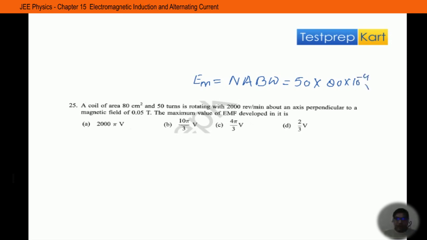Magnetic field is 0.05, and we have to calculate revolutions per second, so omega is 2000 upon 60 multiplied by 2 pi. We can cancel terms, and if you simplify this, you will get 4 pi over 3 volt. So option C is right in this case.